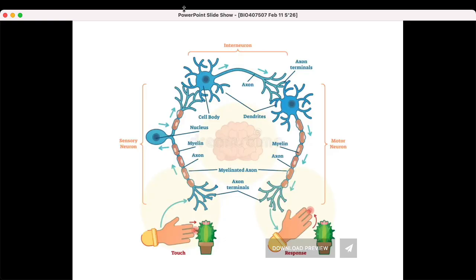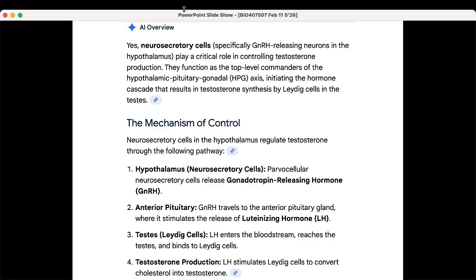And then here it's describing how we make the connection through these neurons from sensory input to motor output. And just examples of neurosecretory cells in vertebrates, and again it gets complicated, regulating other hormones, because that's very, very common.